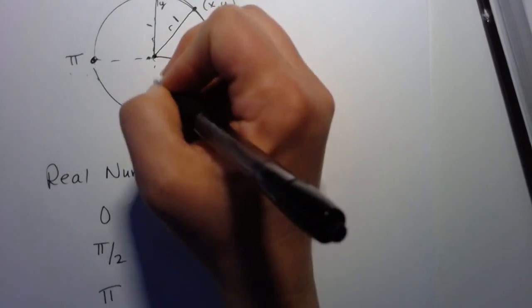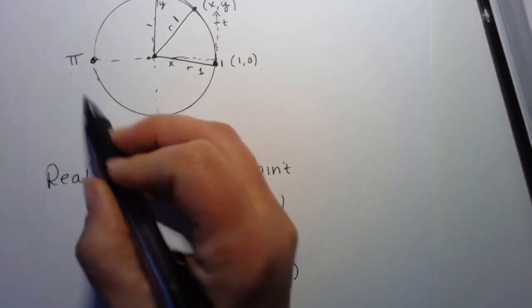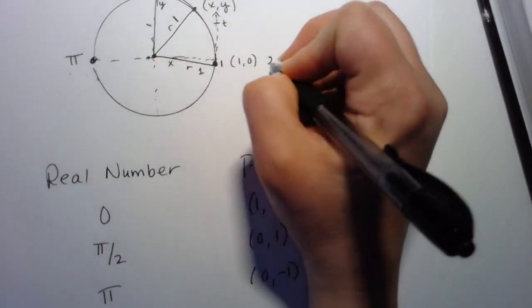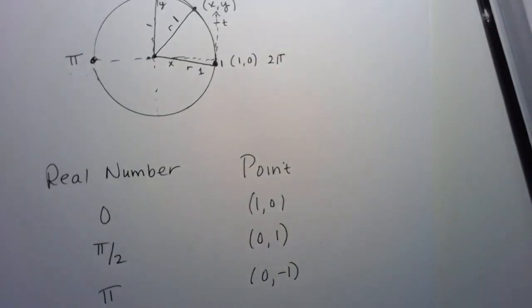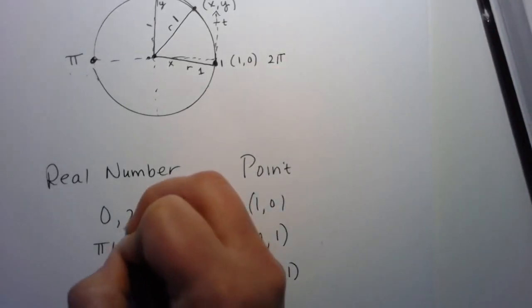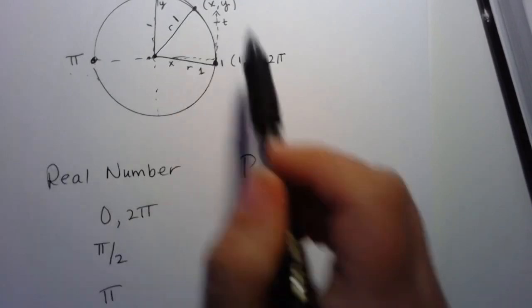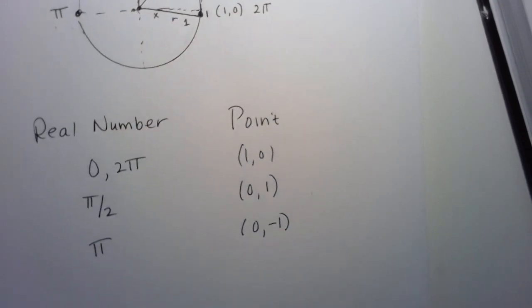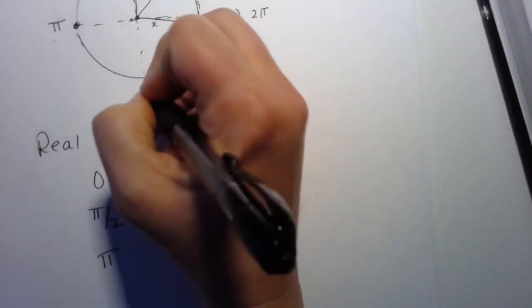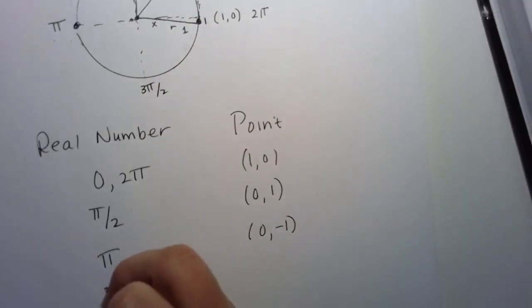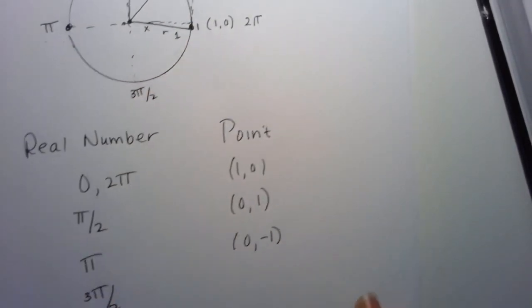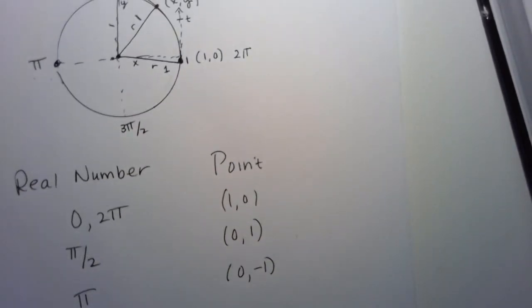And then straight down here, halfway between pi and 2 pi, and 2 pi would also be over here. So both 0 and 2 pi correspond with the same point here. It still lands you on 1, 0 because you just keep going around. But let's talk about this point down here, which is 3 pi over 2, halfway between pi and 2 pi.